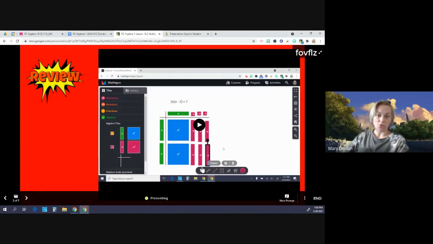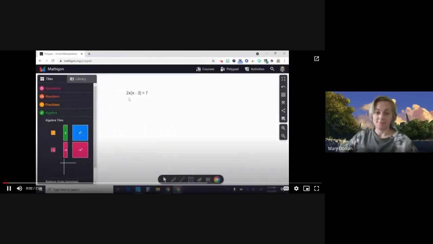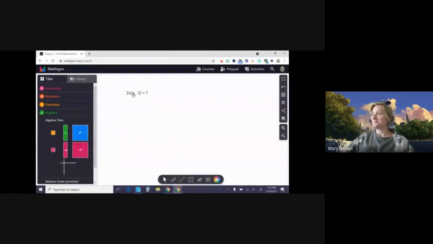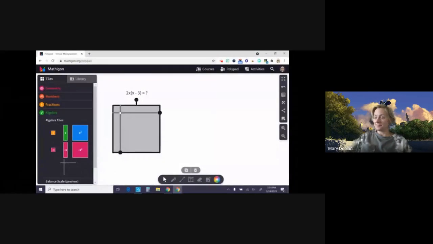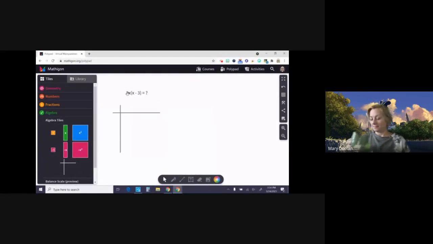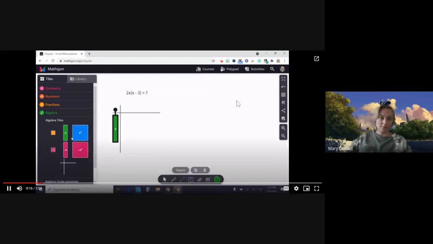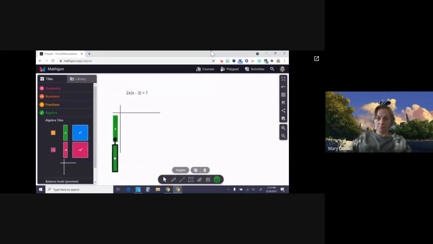So I'm going to show you a video clip as a review. 2x times the quantity x minus 3. So we'll use this. We're going to represent the first factor of 2x along the left side. So I need 2 x's.